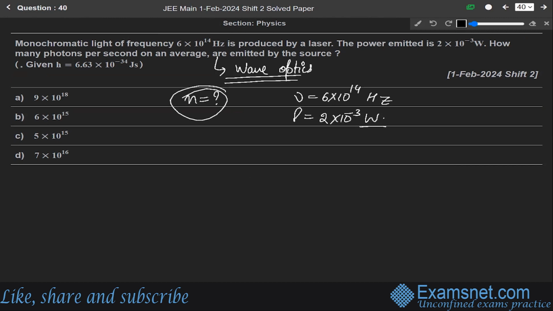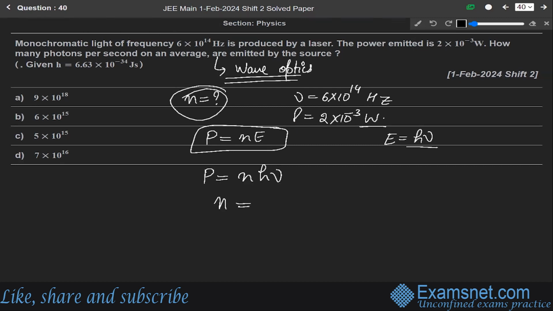There is a very basic formula for this. Power equals N into E. We all know this formula. And E, energy, is equal to h into nu, Planck's constant into frequency. So just apply the formula here. N, the number of photons, will be equal to power over h into frequency.